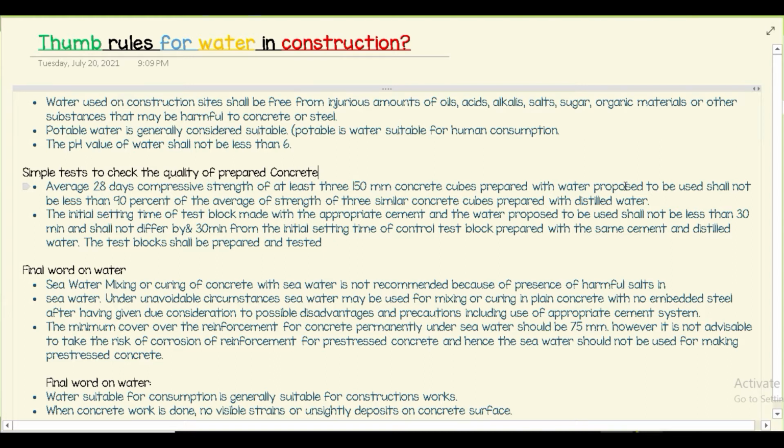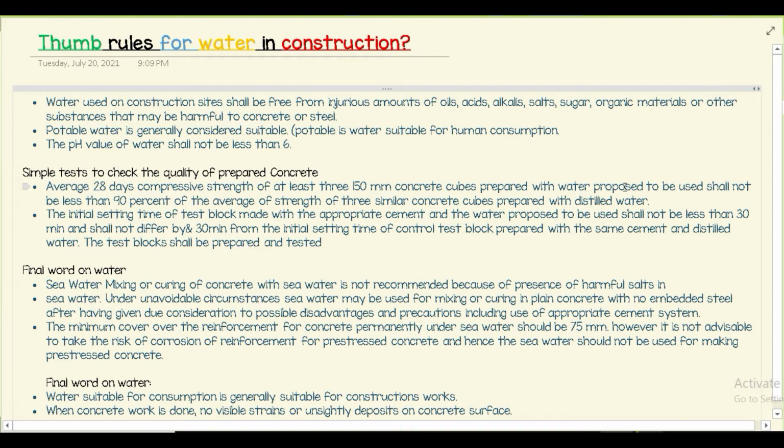Similarly, the second test is the initial setting time, which is usually 30 minutes. Again, it says that the initial setting time of a test block made with appropriate cement and the proposed water, again the new source of water, should be 30 minutes, right? It should not be less than 30 minutes, or it should be 30 or something very close.